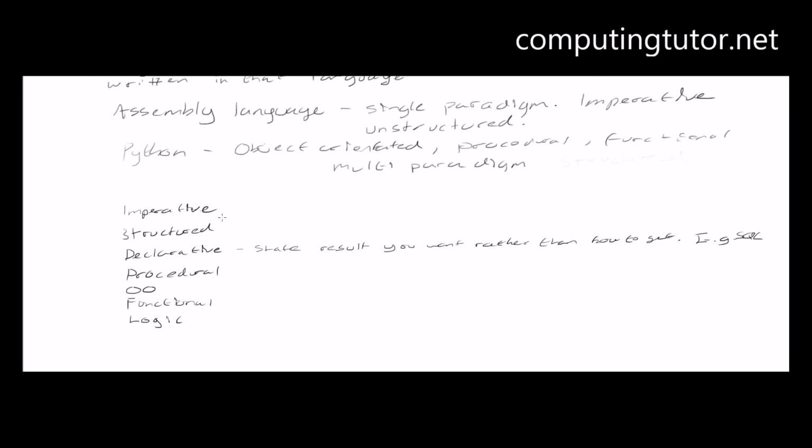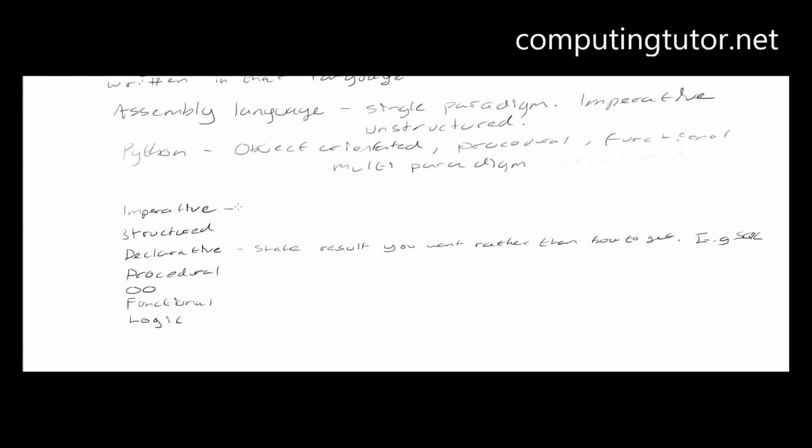The programming paradigm that you've probably come up against before is imperative. And with imperative, what we're doing with assembly language, is we're stating our instructions step by step, and it's an explicit sequence of commands. And we don't have anything like if statements or while loops or things like that in imperative.